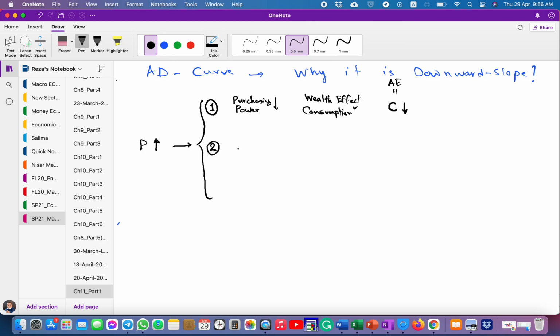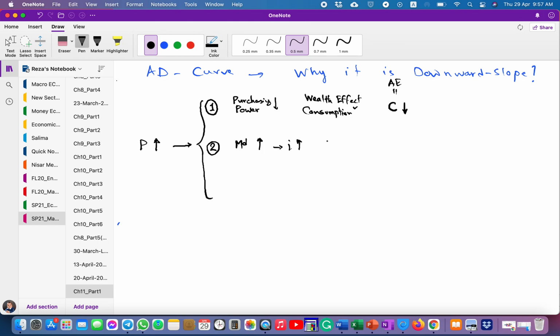The money demand is shifting upward. People, because of higher prices, the entire money demand is shifting, and then the interest rate will go up.